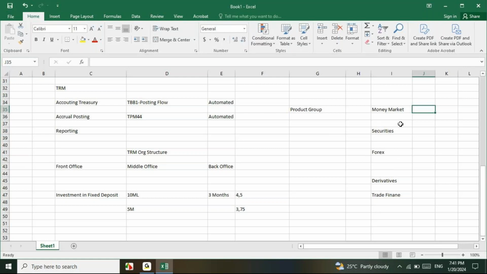This product group is not only about the accounting of it, but it talks about the entire end-to-end process mapping. So when I talk about securities, what are the activities we perform? Let's say I'm talking about the investment project. We buy securities, we sell securities. Then we do the mark to market calculation of the securities.